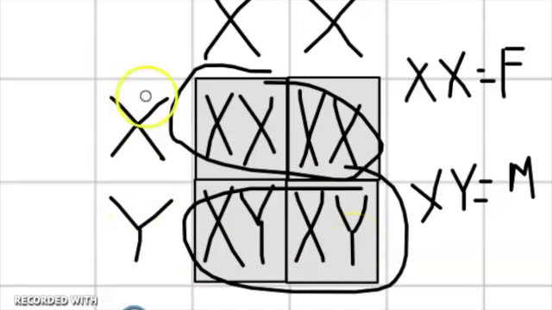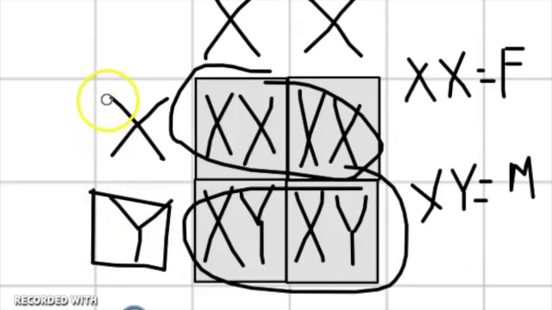Now, this whole pattern might look very similar to what we learned in Mendelian genetics. So why is it different? Well, the big difference here, and we'll talk more about this in a second, is that males have one Y chromosome and only one X chromosome. Females don't have a Y chromosome.